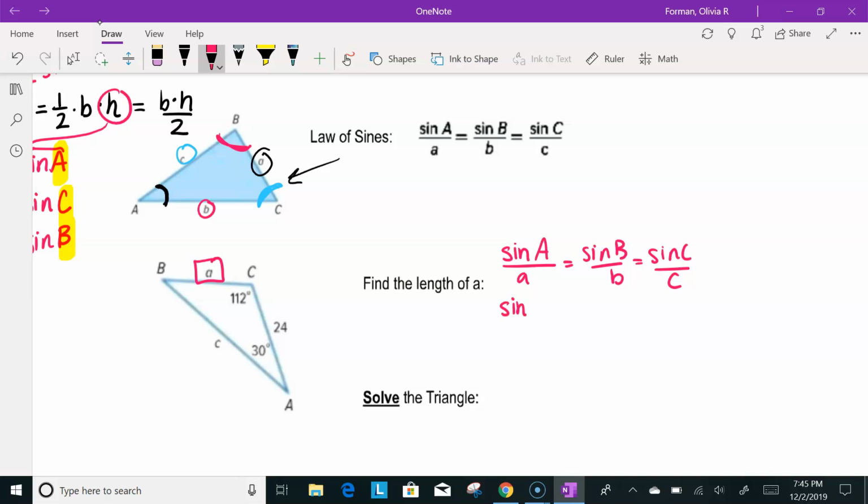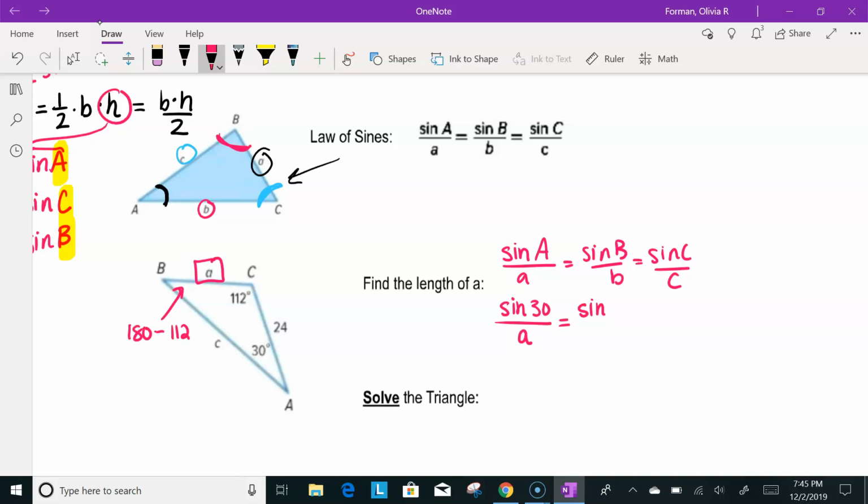I see that angle A is 30 degrees. I see that side A just has an A, we don't know it. I look and I see that angle B we don't actually have right there, but you can find it because we know that there are 180 degrees in a triangle.